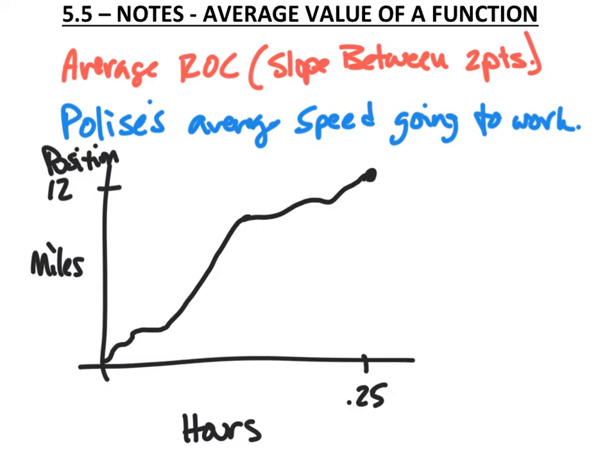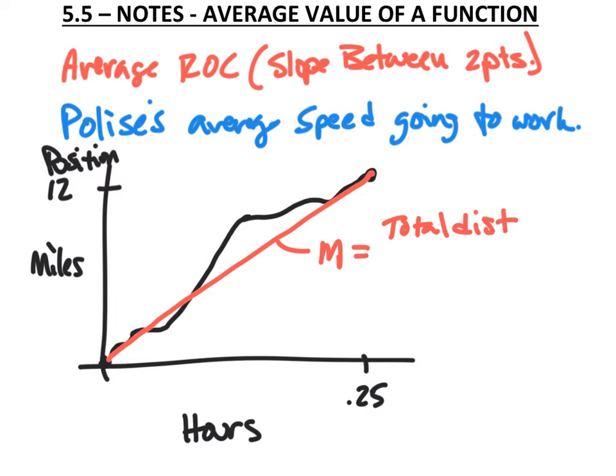So remember what we did here to calculate that was calculate the slope between those two endpoints, okay? To find the average rate of change, we just took the line between both of those points and calculated that slope, okay? Now that was the total distance divided by the total time, okay?